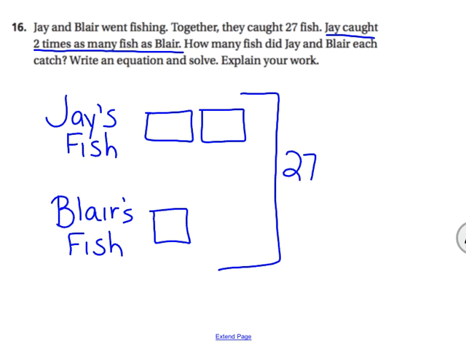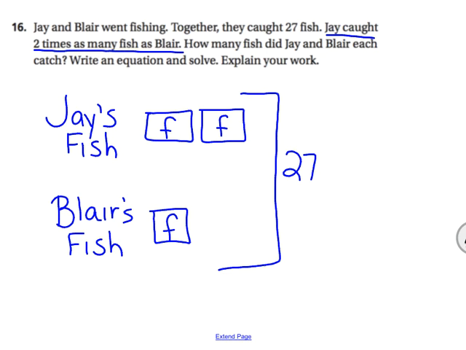So again, we use a variable, which is a letter that stands for the unknown. So I'm going to use the letter F since we're working with fish. Next, since the bracket is for Jay and Blair's fish, I have to count all the F's that are within that bracket.